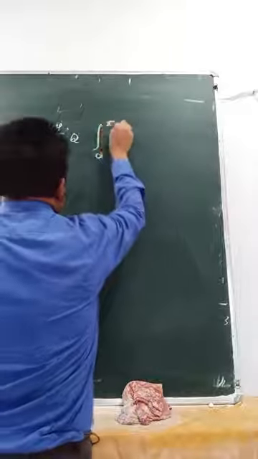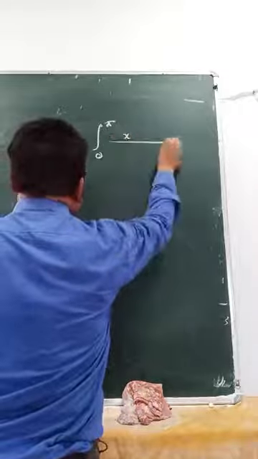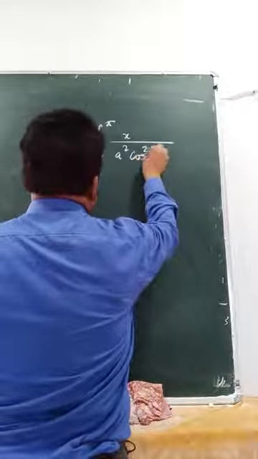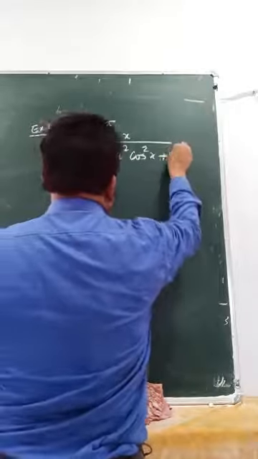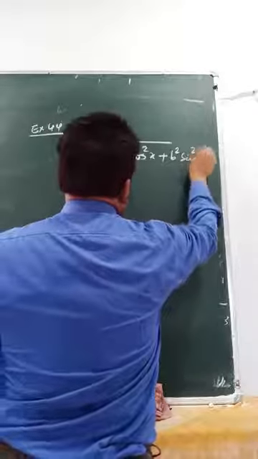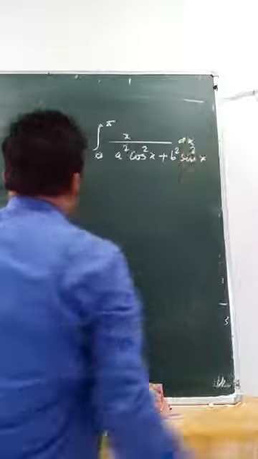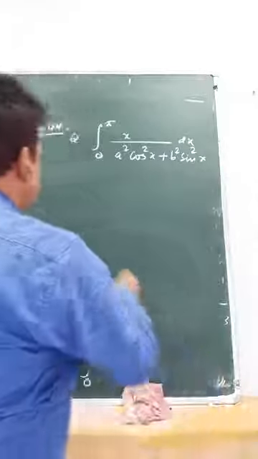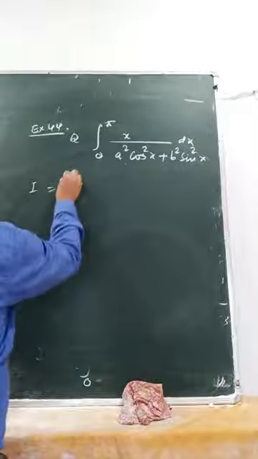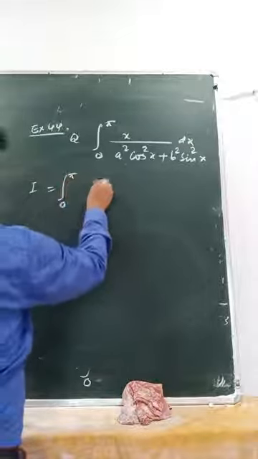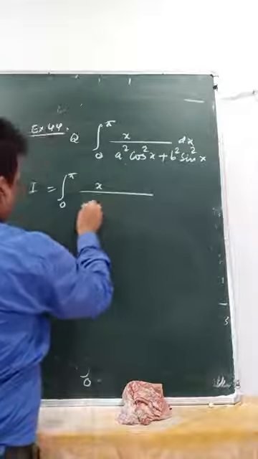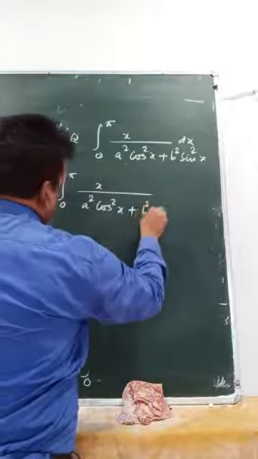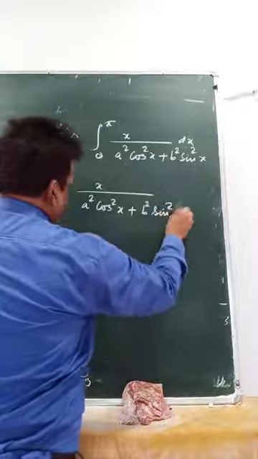0 to pi, x by a square cos square x plus b square sin square x. What I told you last time, that you have to remove this x. How to remove? Now you write I equals 0 to pi, x by a square cos square x plus b square sin square x dx.